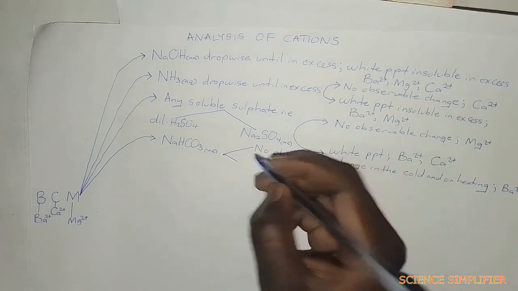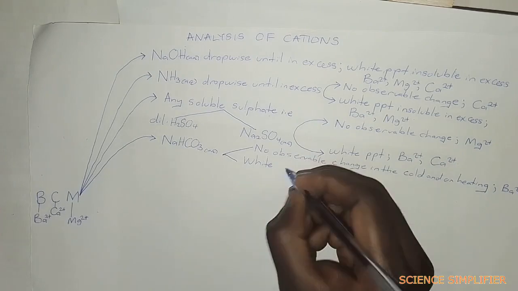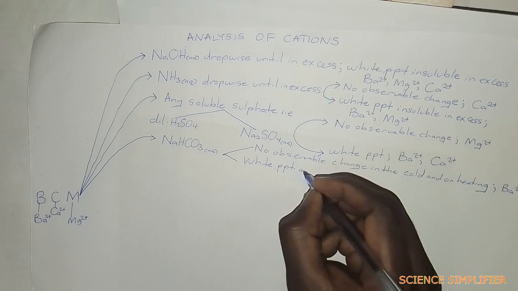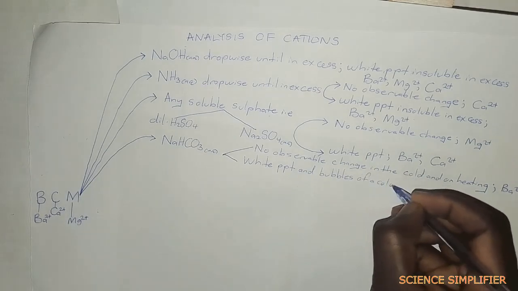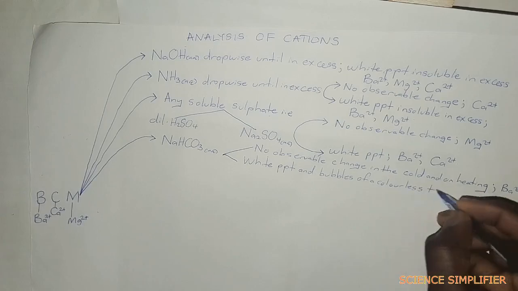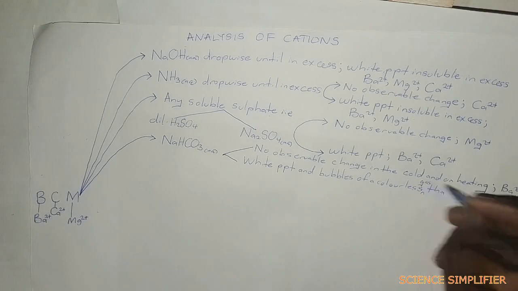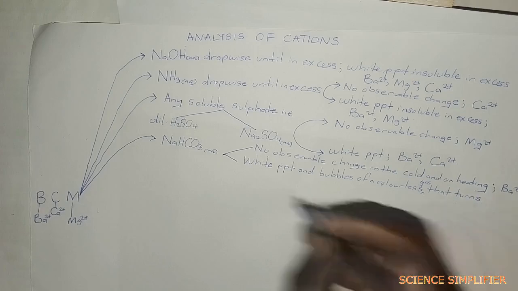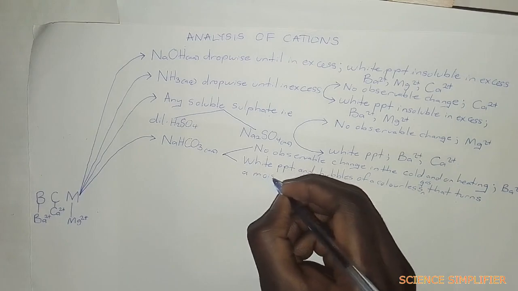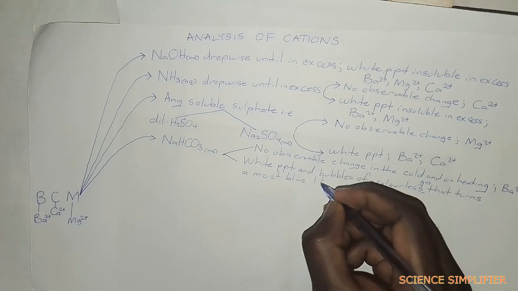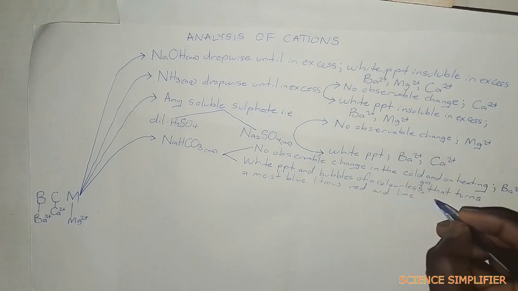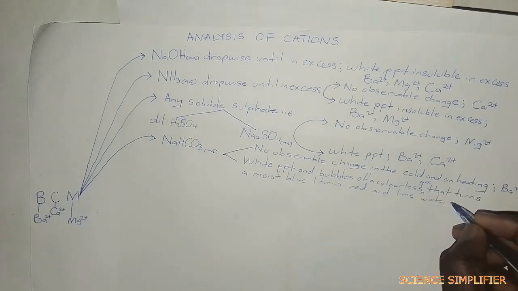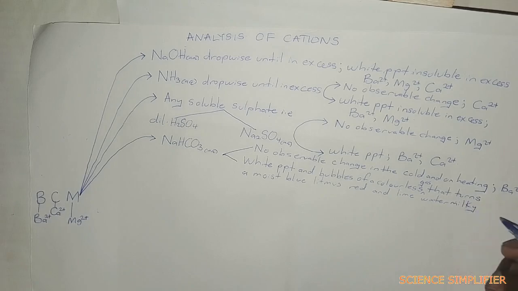The moment you obtain white precipitate and bubbles of a colorless gas that turns a moist blue litmus paper red and lime water milky, just know you are dealing with calcium ions.